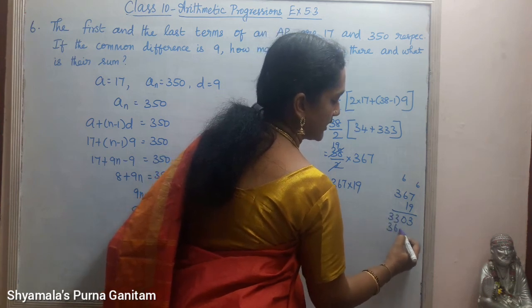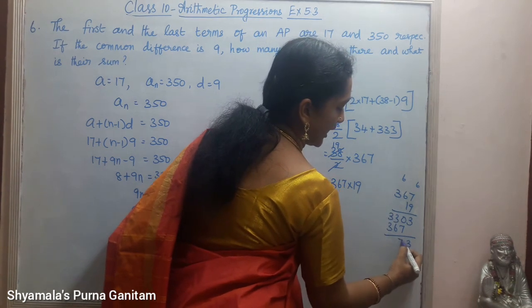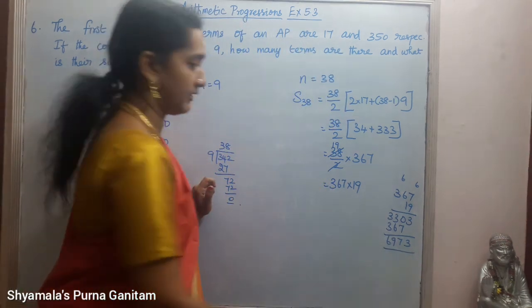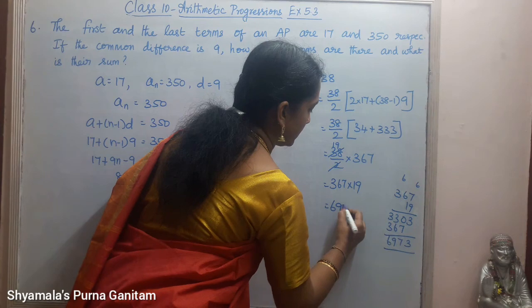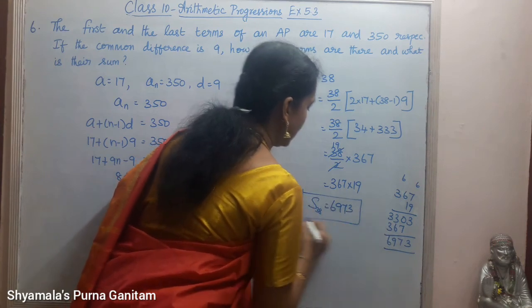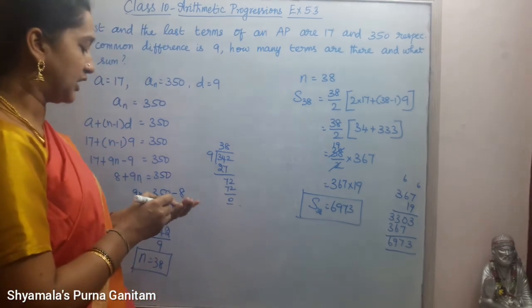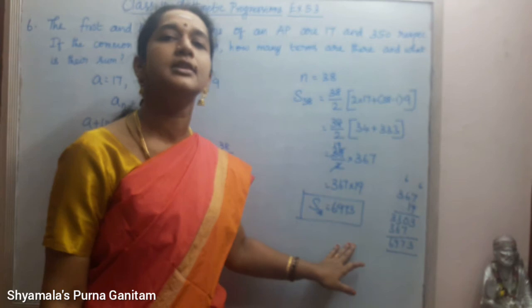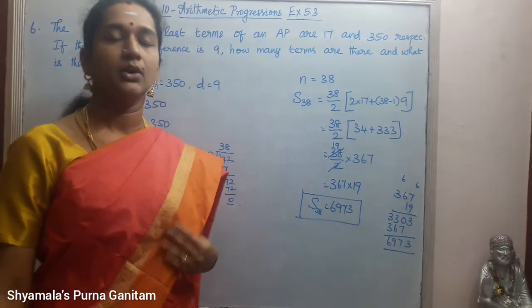Then 367. So when we add this, we'll get 6973. So this is the sum of 38 terms for the given sequence. So for the given sequence, we got 6973 as the sum. Okay.